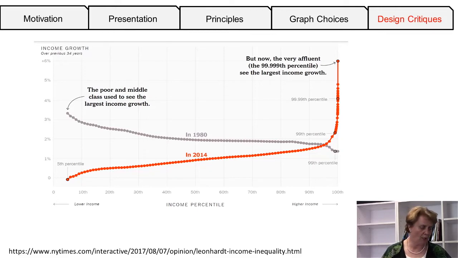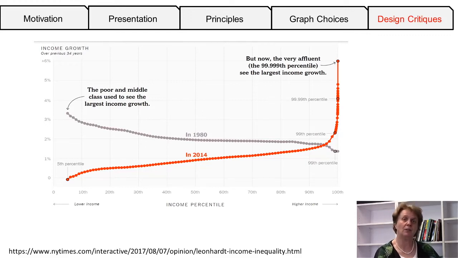So if you take a look, it compares income growth, so that's on the left-hand side, from 1980 and in 2014. And what's interesting here is the mix of the actual data and then the text. So you don't just have to expect your reader to be able to figure out the storyline from the numbers and the plot. You can actually tell the story.